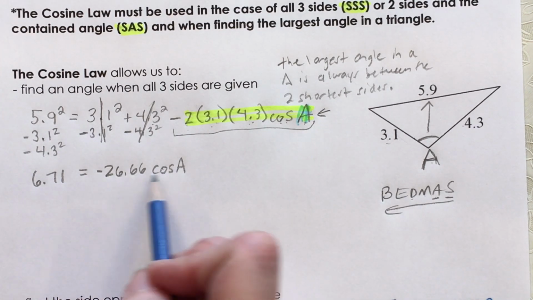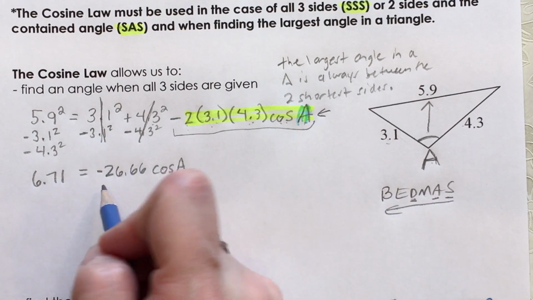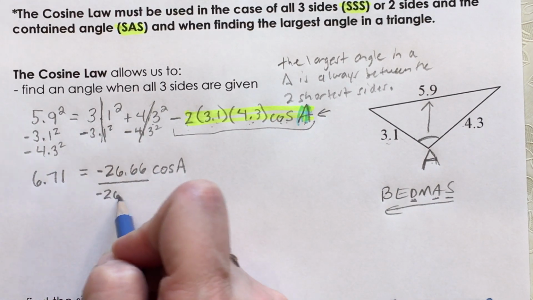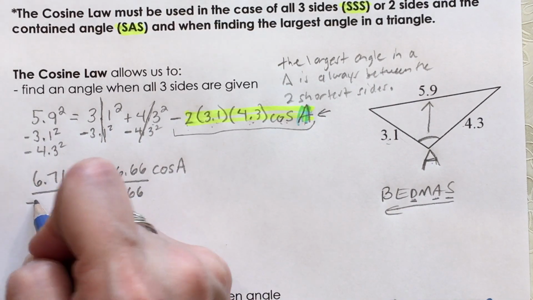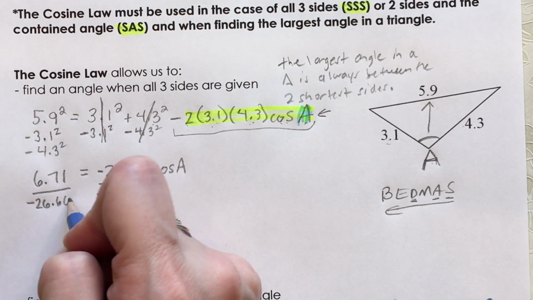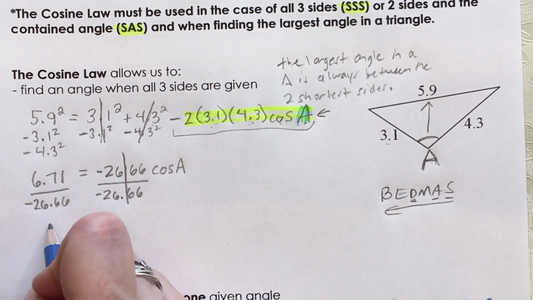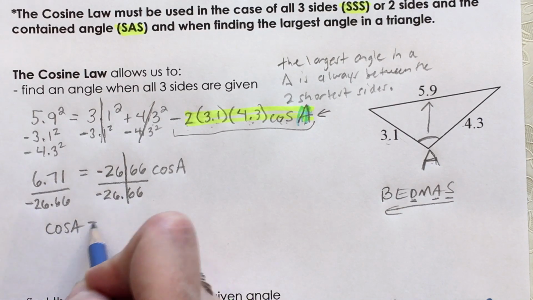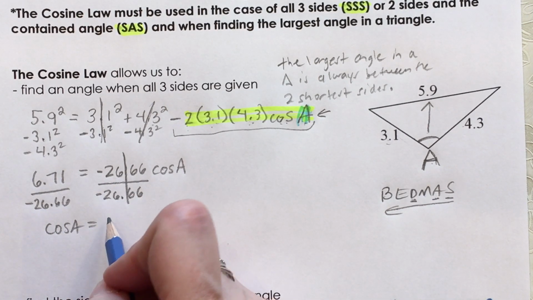So again, this number is multiplying the cosine of angle A, and I want to undo that, so I'm going to divide both sides by 26.66. Negative 26.66, my apologies. So that's going to leave me with, if I just switch sides here, that the cosine of angle A is going to equal this number, which is not a friendly number, so we're just going to leave it.